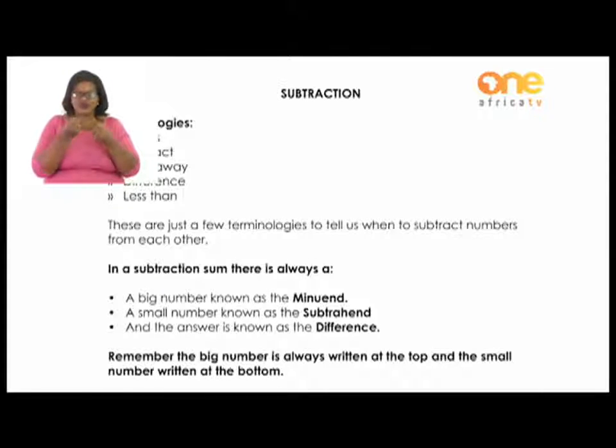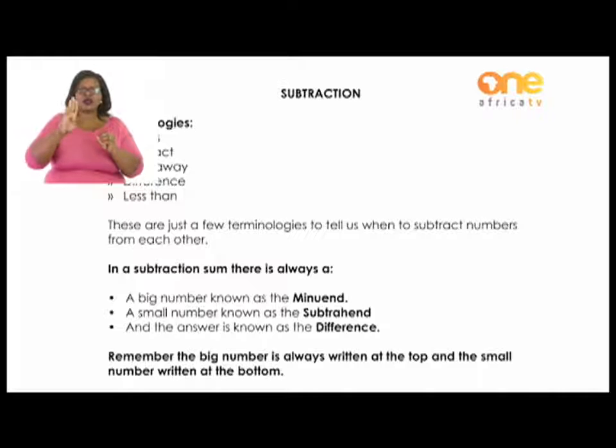Now let's start. In a subtraction sum, there is always a big number known as the minuend, a small number known as the subtrahend, and the answer is known as the difference.